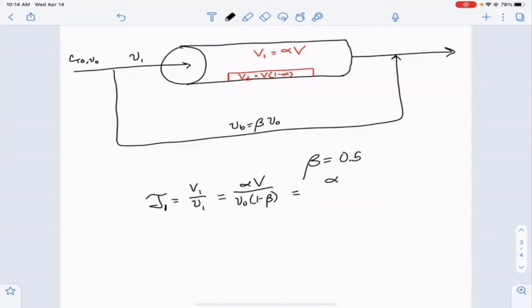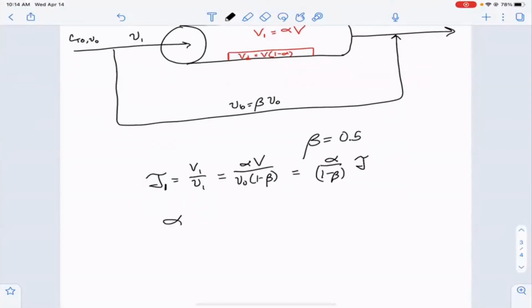Then this just equals alpha over 1 minus beta times tau for the reactor. And so if I want to solve for alpha, alpha equals tau 1 over tau times 1 minus beta. And from our data, we know what tau 1 is. We read that off the plot, so we know that that is 2 minutes.